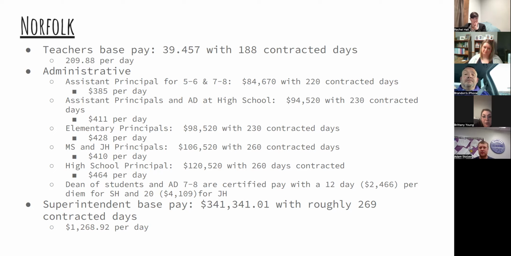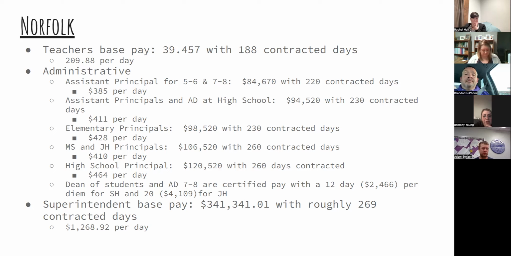Then the high school principal gets 120,520, and they have to do 260 days contracted. So they are actually the highest paid administrator. And I just thought that was super wild that they have different pay scales for every single principal.